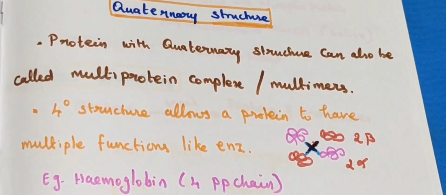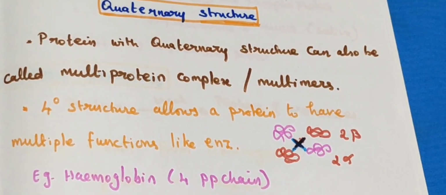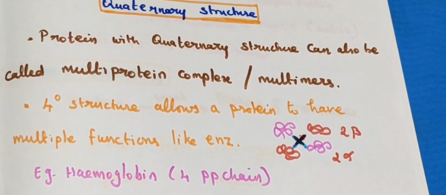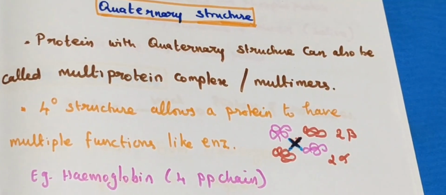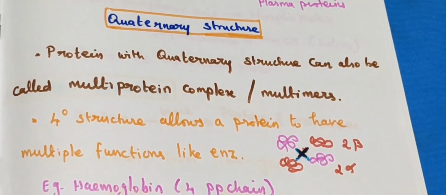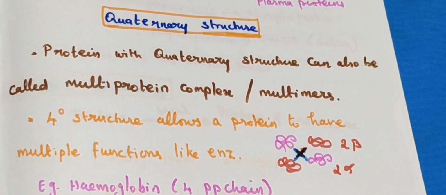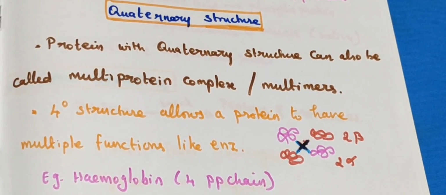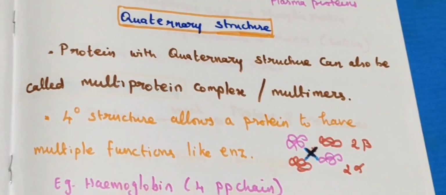Last one is the quaternary structure. A protein with a quaternary structure is also called a multi-protein complex or multimer. Quaternary structure allows a protein to be multifunctional. After tertiary, all have functional groups. For example, hemoglobin has 2 alpha and 2 beta chains, so 4 polypeptide chains are present.